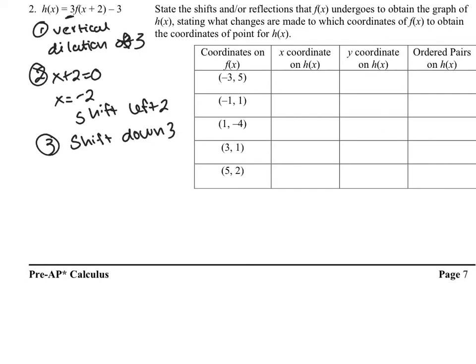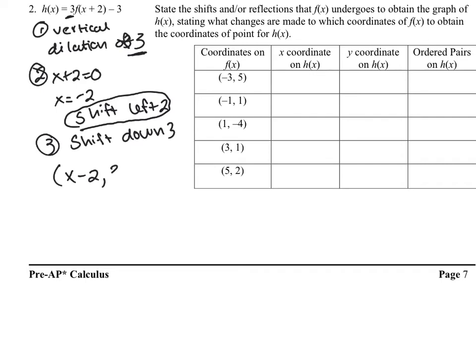Now, let's see what happens when we set up our ordered pairs and what it'll look like and what we are going to do with these ordered pairs. So for x, okay, here we're going to shift left 2, okay? So we're going to take x, and then we're going to subtract 2, okay? Now, 2 parts for y. Well, here we have a vertical dilation of 3.